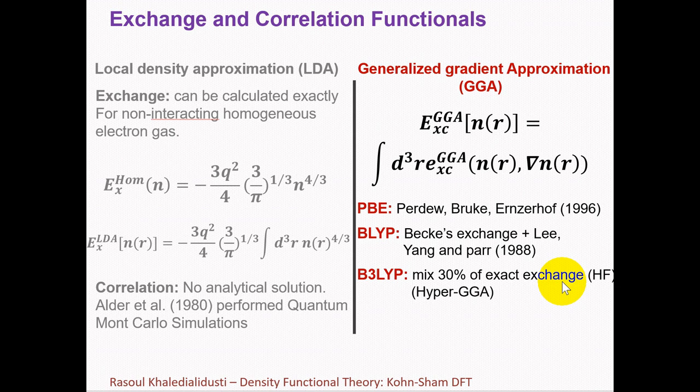So using B3LYP in our DFT calculations leads to improved accuracy, but we need to take into account that B3LYP, because it's using the exact exchange of Hartree-Fock theory, is more expensive computationally.